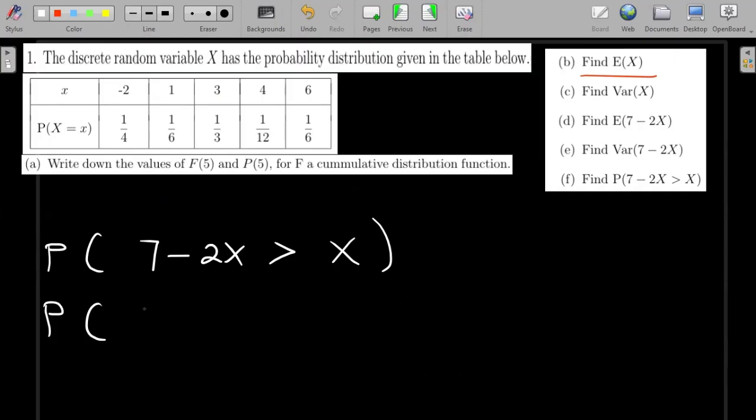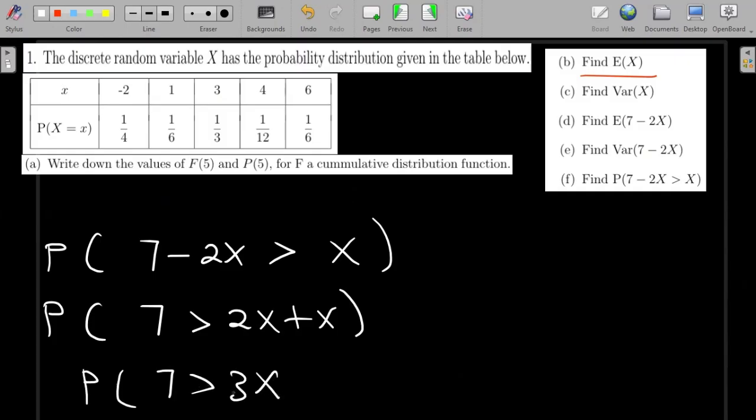So this will be 7 is greater than, then the 2x we take to that side, so this will be the probability of 7 greater than 3x. Now our random variable is x and it's not 3x, so we have to divide both sides by 3. So what we end up having is the probability that x is less than 7 over 3.